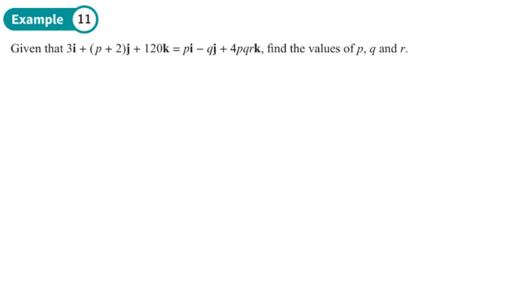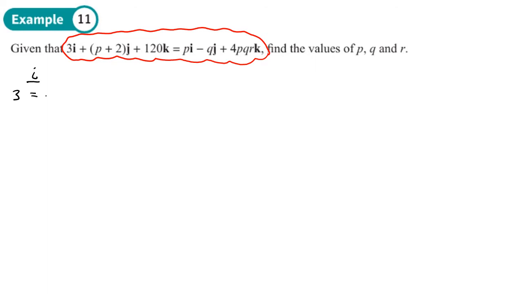This one is just a matter of comparing coefficients, because we've got this expression here. We've got an equal sign, that means it's balanced, which means the i parts on both sides are the same. So we have 3 on the left hand side and we have P on the right hand side, so P equals 3.